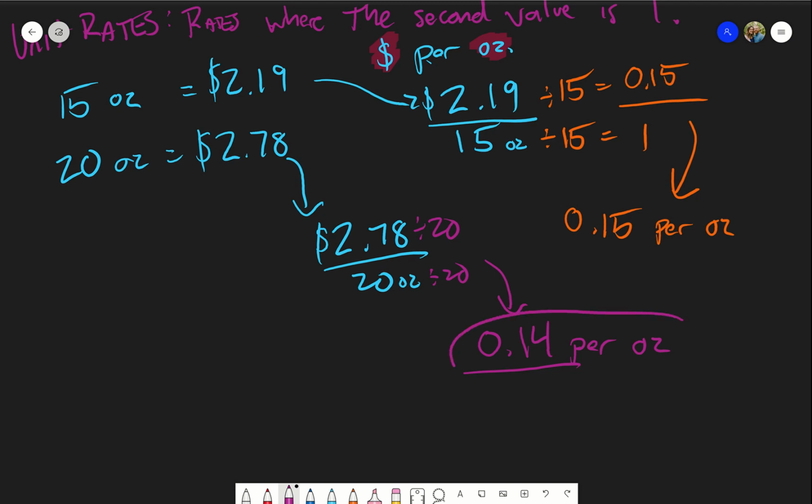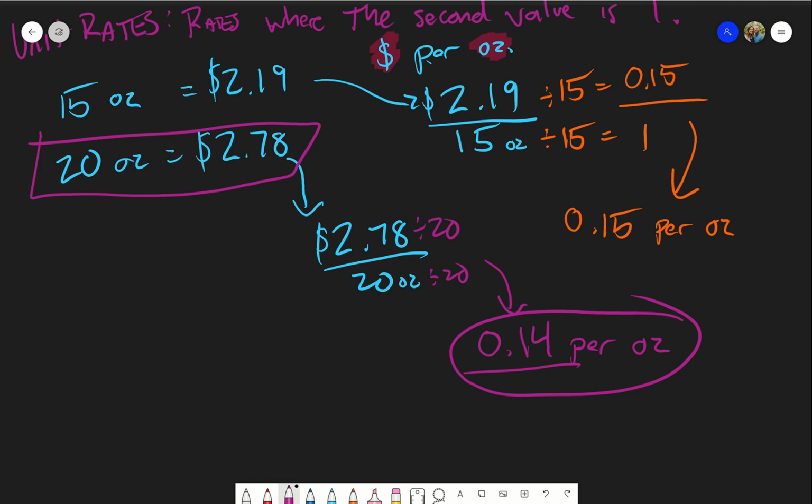So this deal here is better. If every ounce is 14 cents, or if every ounce is 15 cents, it's better to buy the 20-ounce jars than the 15-ounce jars. Okay, so that's why we use unit rates. We use unit rates to know what better deals are, how fast we go, what our miles per gallon are.